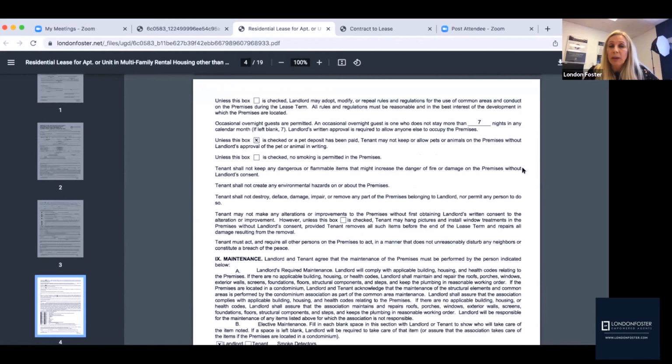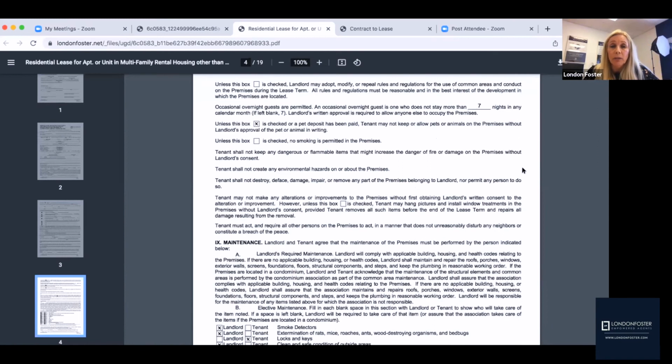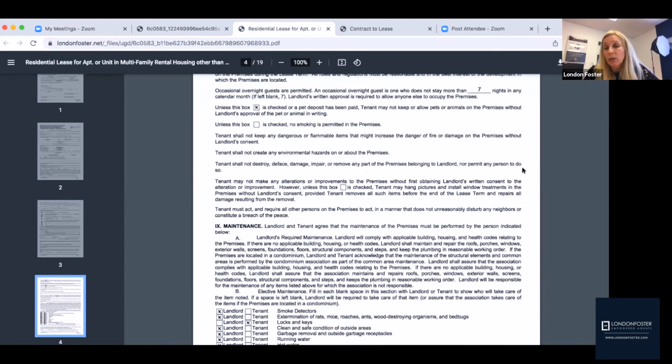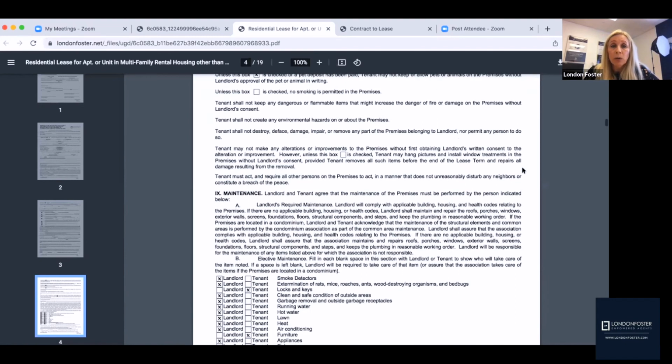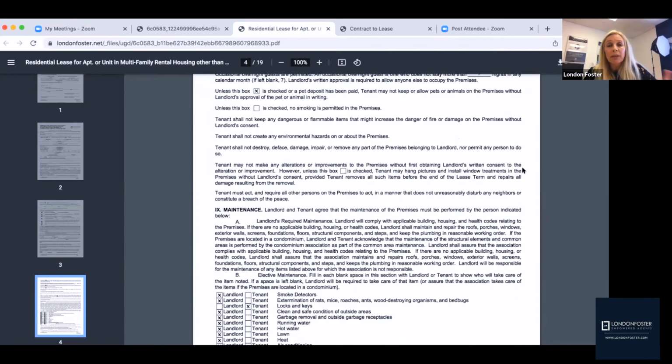Okay, this one says a pet deposit, the next thing. In my example, we're allowed to have a pet, so that's why I check that box. If there's no pet, you don't check that. Unless this is checked, smoking is permitted. On my lease, I put prohibited, so that's not checked. If you have a smoker and they allow you to smoke, again, check with the association. And this is a very tricky thing.